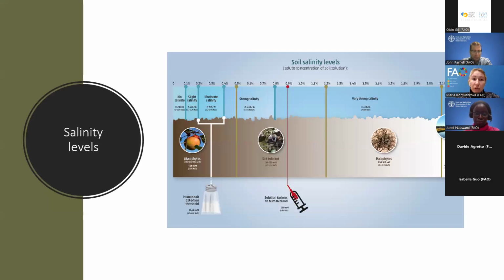Then, if we look at the salinity levels to understand what is high and what is low, so we can compare, actually we can evaluate the salinity level by our tongue.